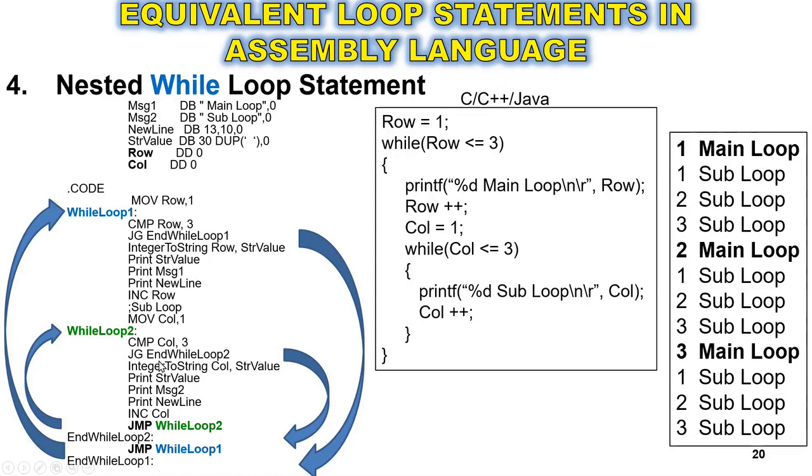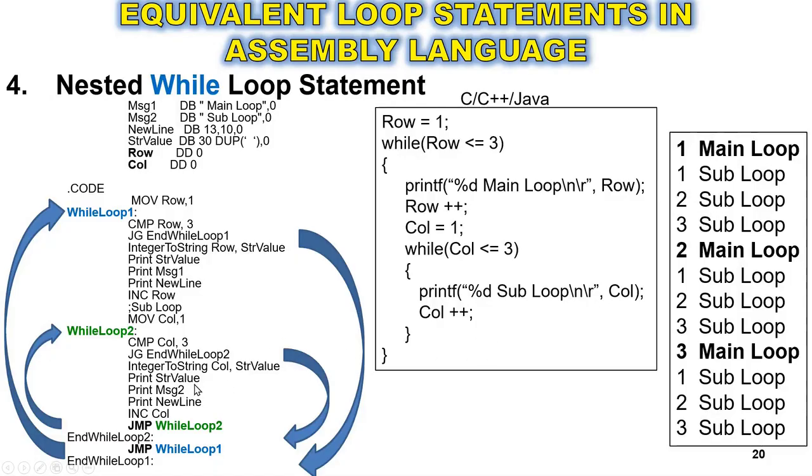Is 1 greater than 3? False, so it will not yet jump to that end while loop 2.